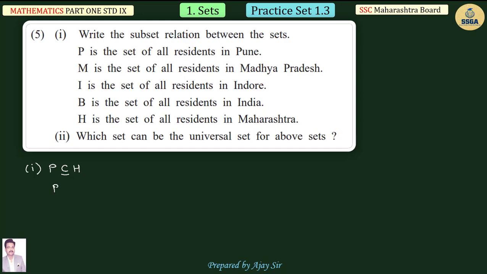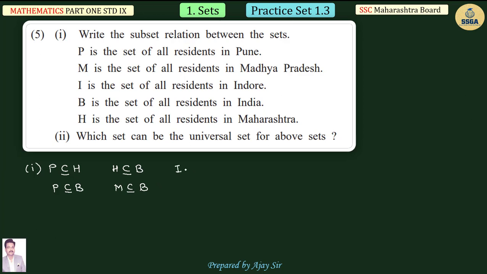So therefore Pune is a subset of India, means here set B. Now Maharashtra is one of the states of India, means H is a subset of B. Similarly, Madhya Pradesh is also one of the states of India, therefore M is a subset of B.